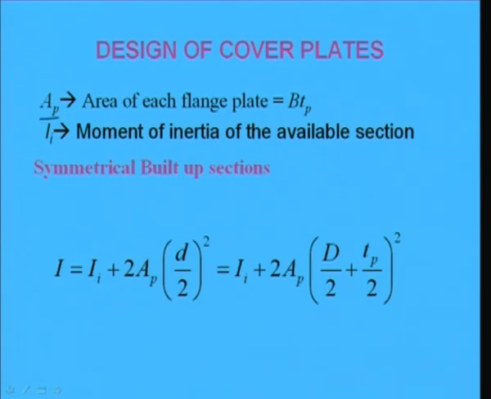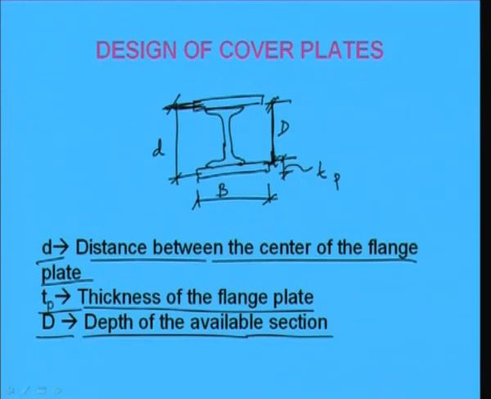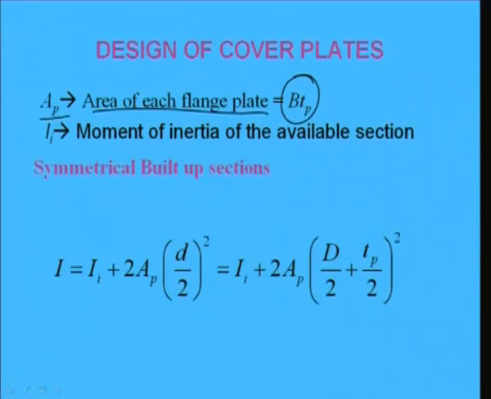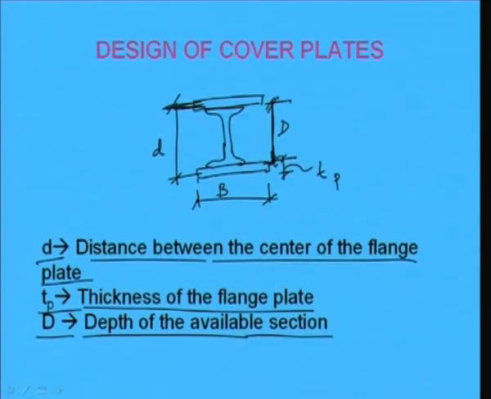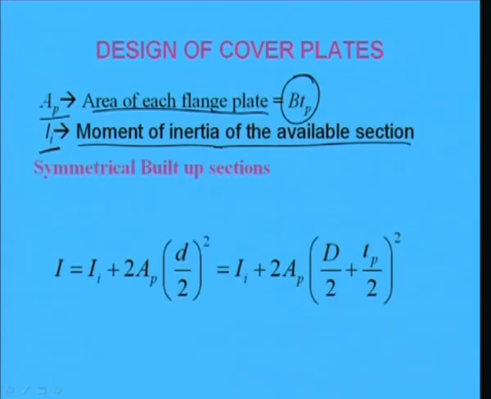Now, AP can be written as the area of each flange plate, which will become B into Tp, because B is the width of the plate and Tp is the thickness of the plate. Now, we are assuming I as the moment of inertia of the available section, that means the moment of inertia of this I section. So, with these symbols we can write that I is equal to I plus 2 AP into d by 2 whole square.